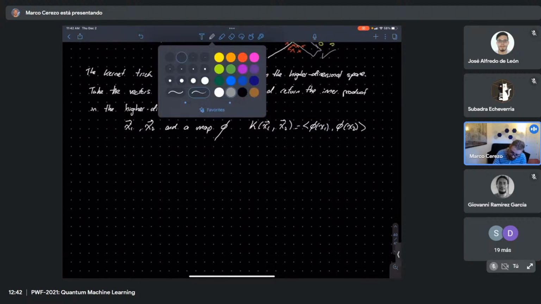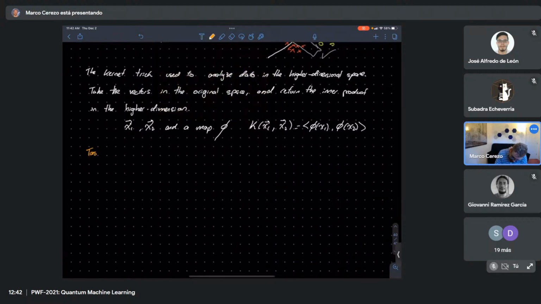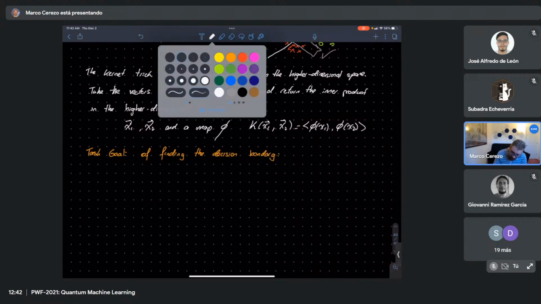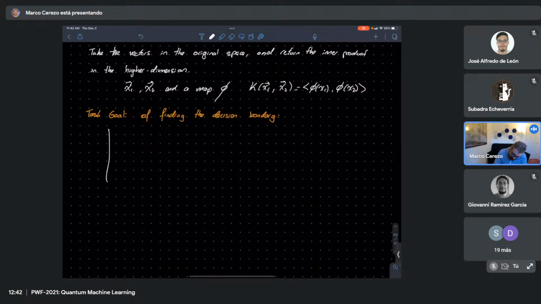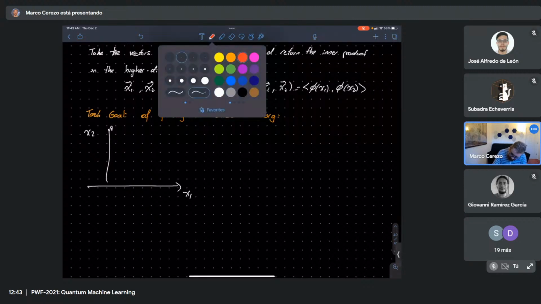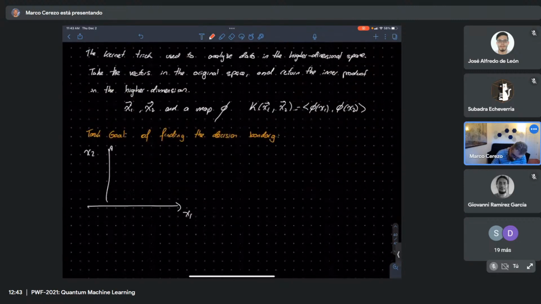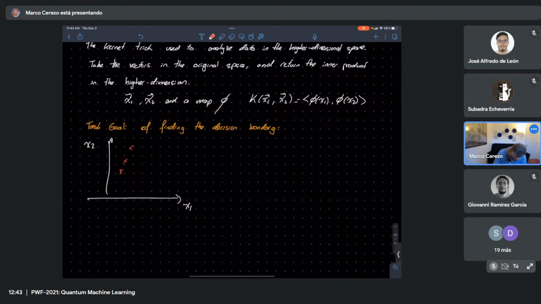Once we map to this higher dimensional space, we still have the task and the goal of finding the decision boundary, right? And this essentially means, imagine that we had data that looks like this, x2, x1. Let's be consistent. Red was x's. We have here circles.